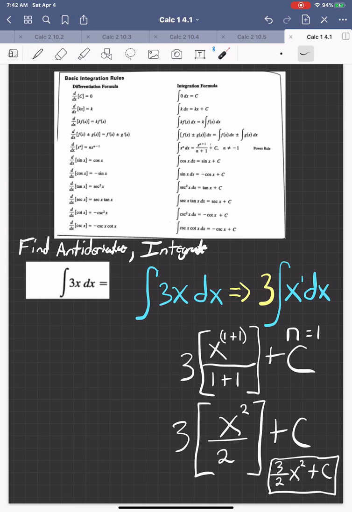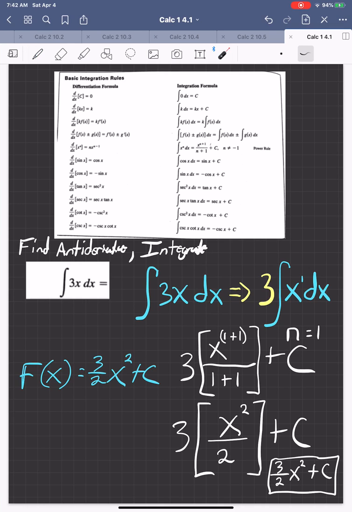All I'll do for the rest, we're going to go ahead and stop this video and start back up soon. All I'll say is, look, when this integration symbol disappears, this plus c should appear. And that's all I'll say. So this is your proposed solution for the antiderivative, 3 halves x squared plus c.